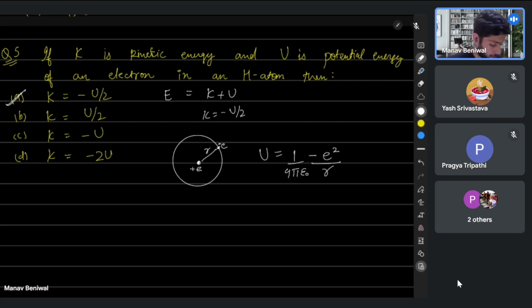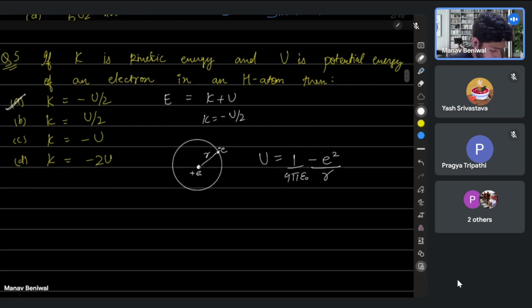And if you now write your kinetic energy, if the mass of this electron is m, then you can write half m v squared. This is the value of your K, okay?